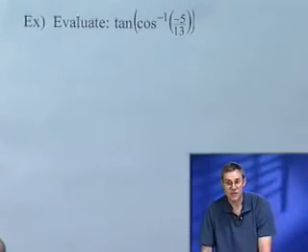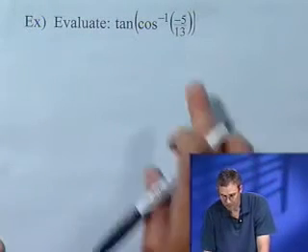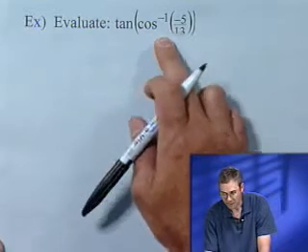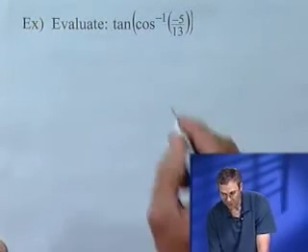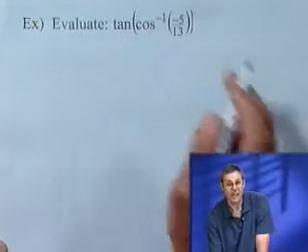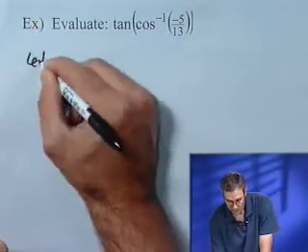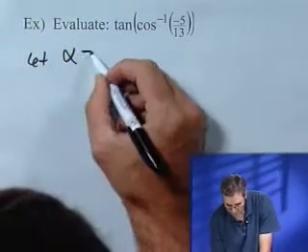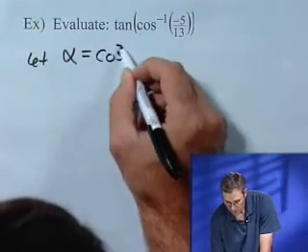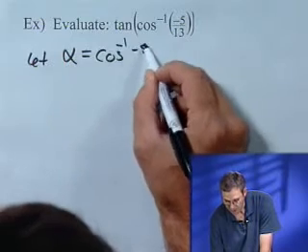All right, let's try to evaluate the tangent of the inverse cosine of negative 5/13. So I'm going to start the same way. I'm going to call this inside an angle. How about let alpha, we'll just use alpha for our angle, equal arc cosine of negative 5/13.